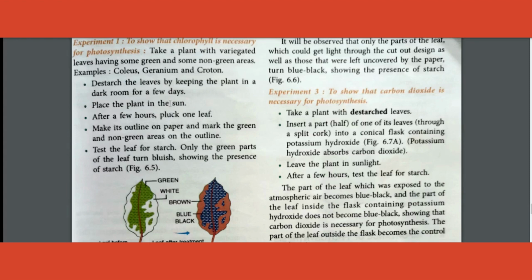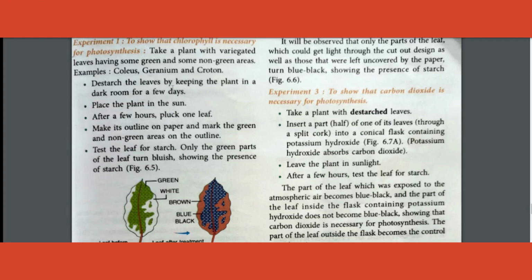For that, we take the plant and first and foremost, we de-starch it. That means we keep it away from the sun in darkness. So when we are de-starching, what are we de-starching? We are de-starching the leaf only. Remember this: even though we are keeping the entire plant in darkness, we can de-starch only the leaf. 1 mark MCQ.